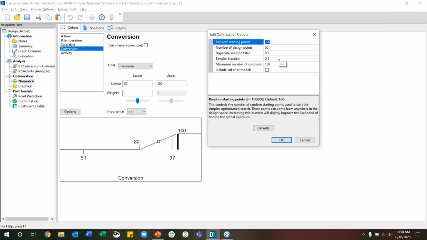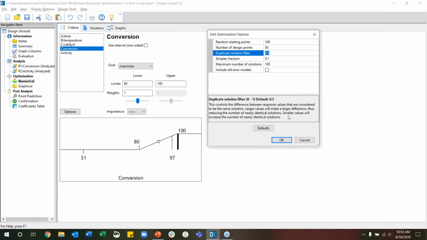There's a few other things. The only other thing that you could consider changing might be this duplicate solutions filter, which is the amount of difference between response values that are considered to be the same solution. So increasing this will make a larger difference and reduce the number of nearly identical solutions.